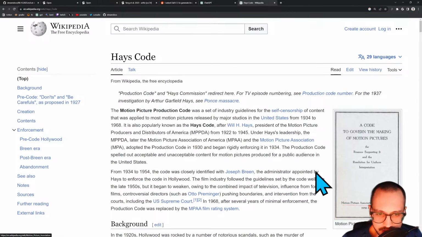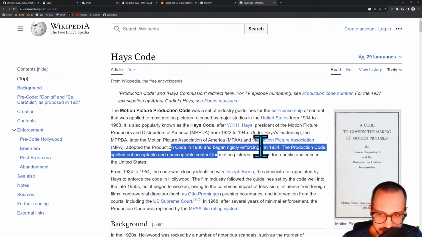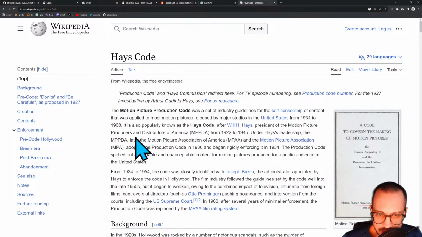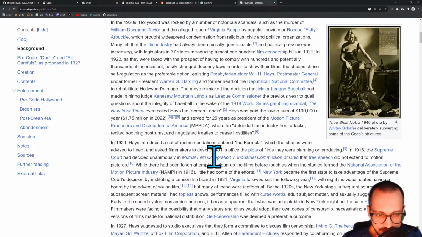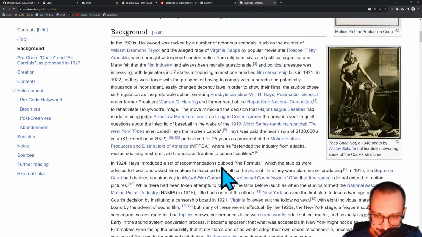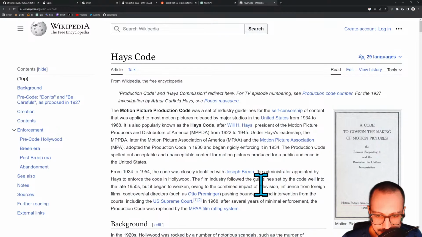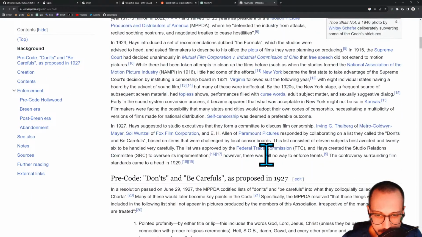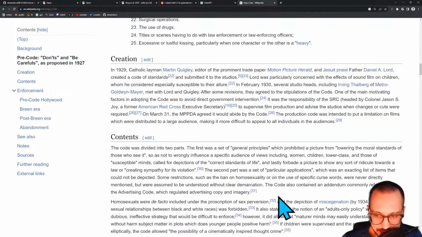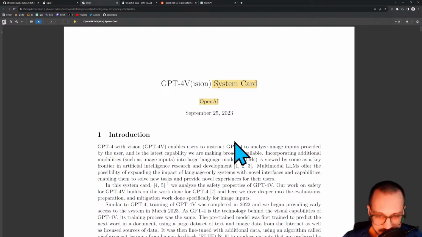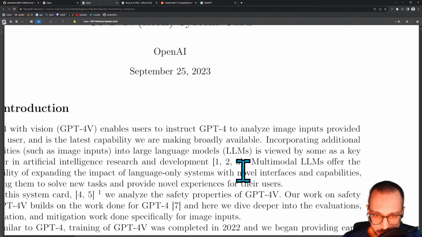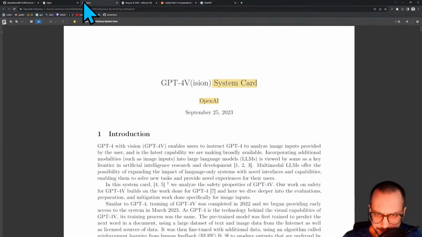So I guess in 1930 or 1934, they decided, hey, let's not have violence and porn, but people are going to do what they want. At the end of the day, there's still a huge amount of money in porn, and people still make all kinds of weird porn content. So I don't know, did that really stop anything, or did it just push it into the boundaries?